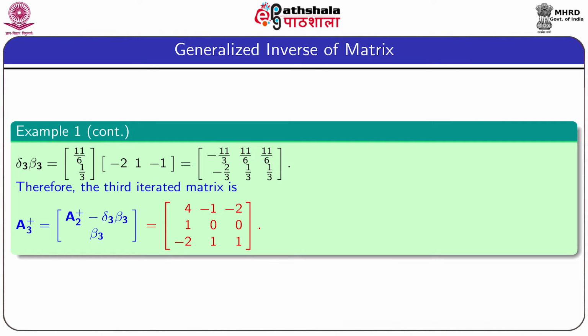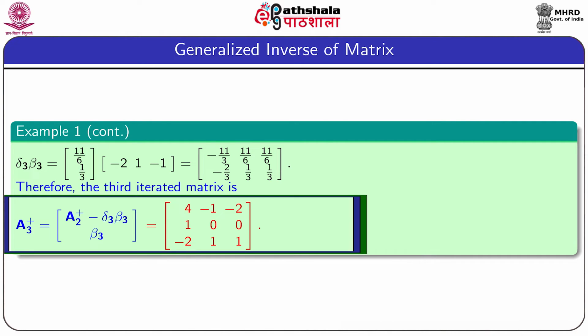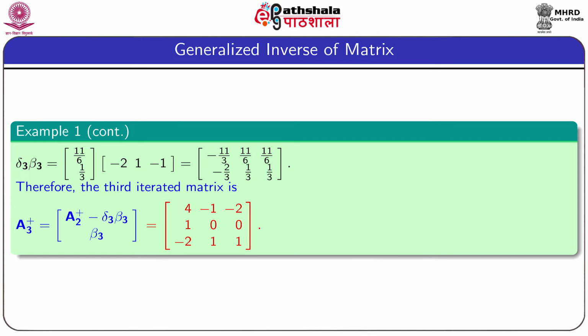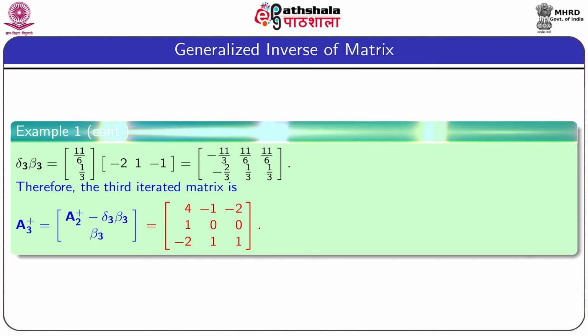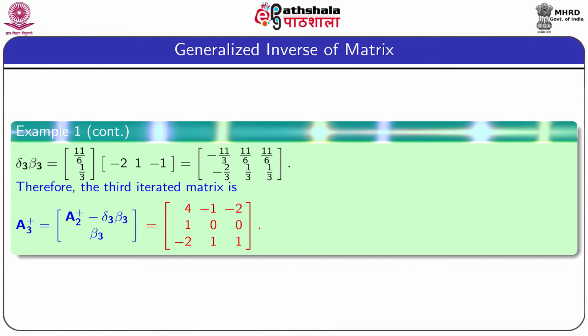Therefore, the third iterated matrix is A3 plus, whose first row is A2 plus minus delta 3 beta 3 and second row is beta 3, which is a matrix of order 3 by 3. First row is 4, minus 1, minus 2, second row is 1, 0, 0, third row is minus 2, 1, 1. So this is the third iterated Moore-Penrose inverse of the matrix A.